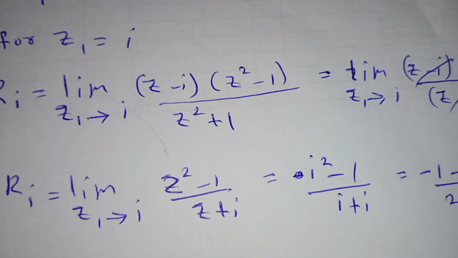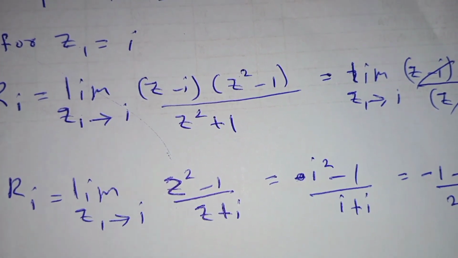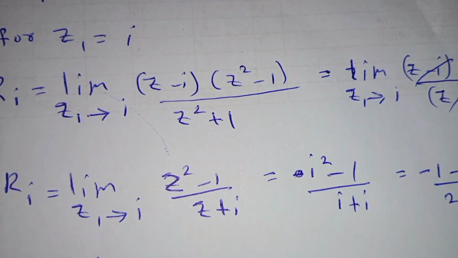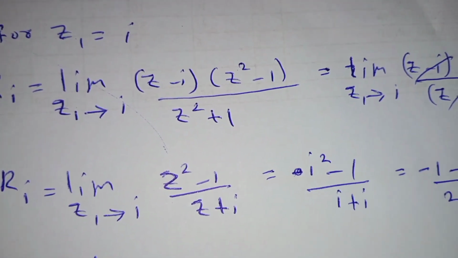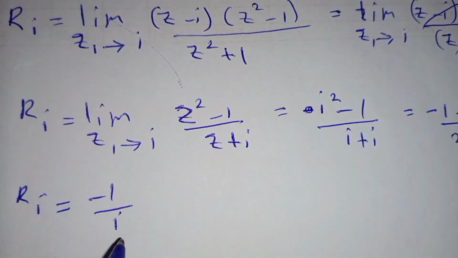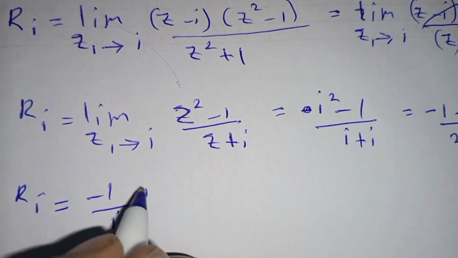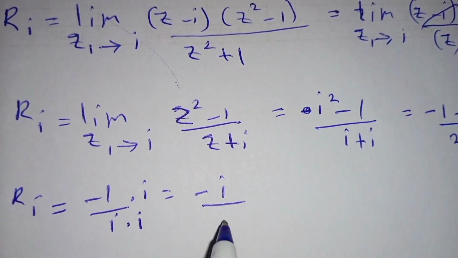So the residue at i is equal to negative 1 over i, which can be simplified as follows. You can multiply the numerator and denominator by i, so that you get negative i over negative 1, which is i.